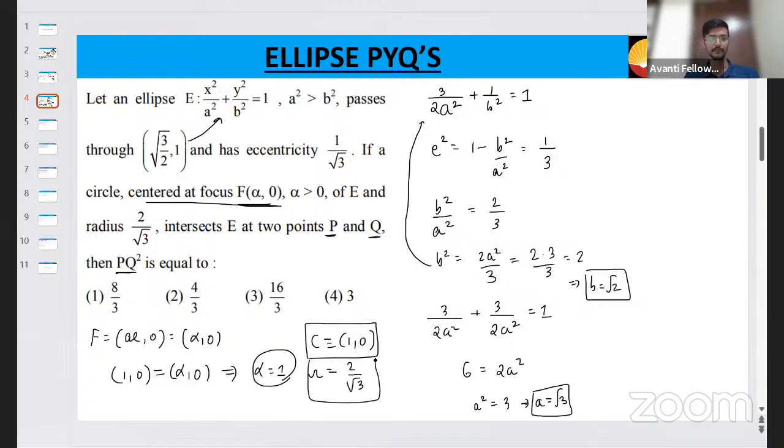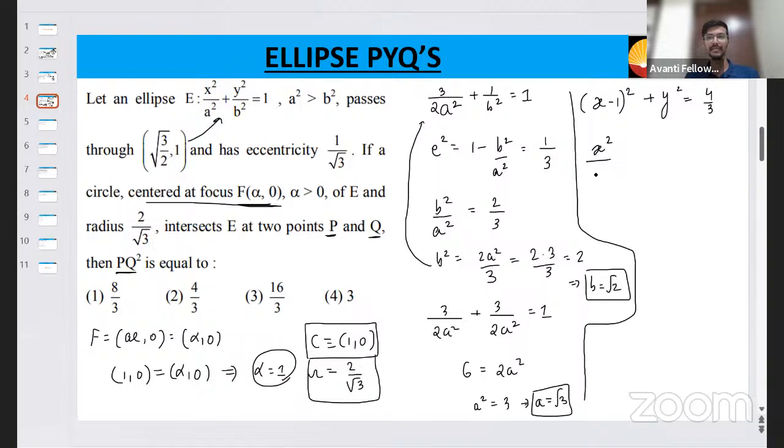Correct? So we can write the equation of the circle. What will be the equation of the circle? X minus 1, the whole square, plus y square is equal to 4 by 3. Right? And what will be the equation of the ellipse?